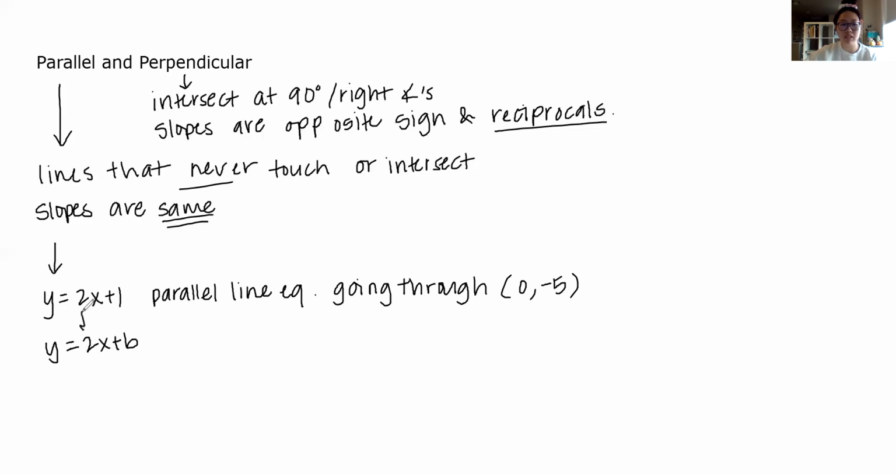Notice how my slope stayed the same because I want parallel lines, but my b changed because I'm going to have a different y-intercept.